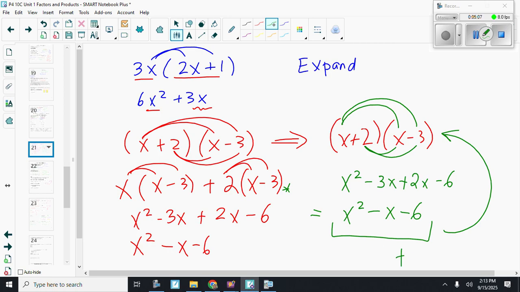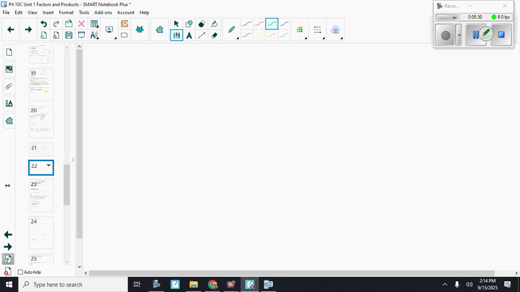So when we start with a trinomial and it asks you to factor it, we're trying to get back to two factors being multiplied together. We had a couple of techniques for this.